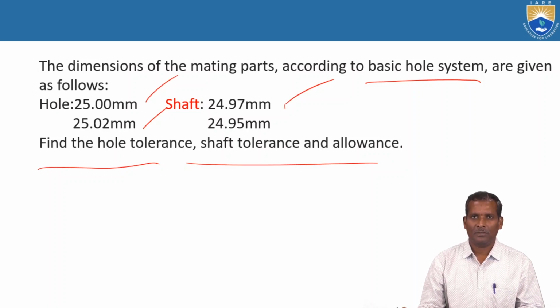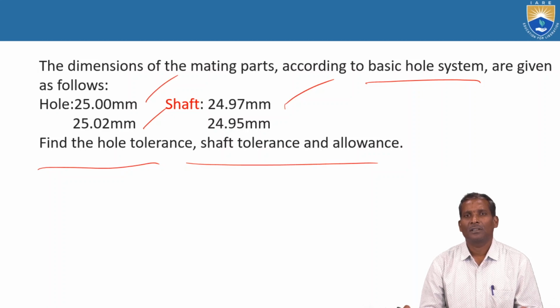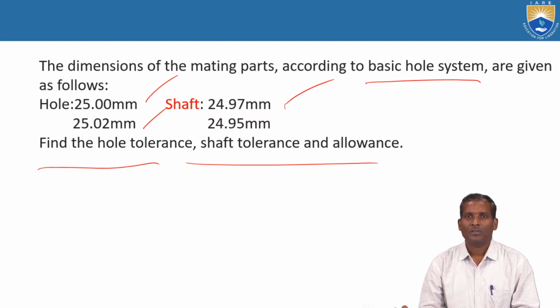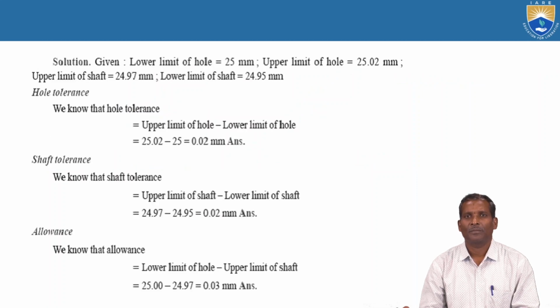We have already discussed allowance, hole tolerance, and shaft tolerance. The hole dimensions are given as 25 and 25.02, lower and upper. Similarly, the shaft dimensions are given as lower and upper.